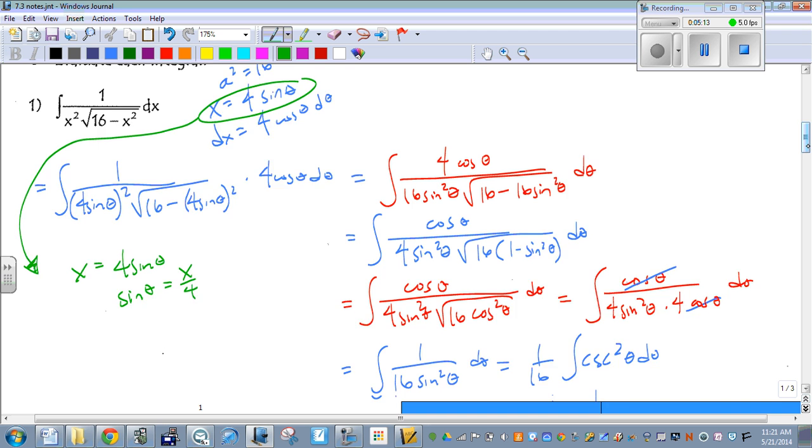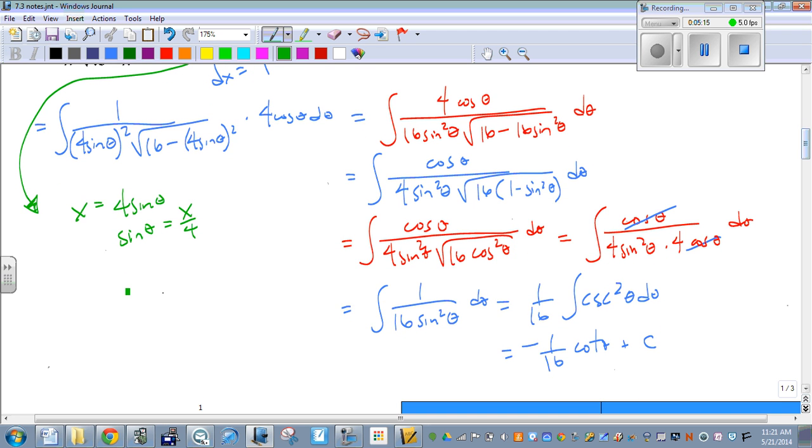Well, with that trig function, we can draw a picture of a right triangle. Here's our theta. The sine is x over 4, so that means the opposite side is x. Hypotenuse is 4. To figure out this missing side, we could use Pythagorean's theorem. Now, I'm going to only use Pythagorean's theorem once, because you're going to see a little trick after this.